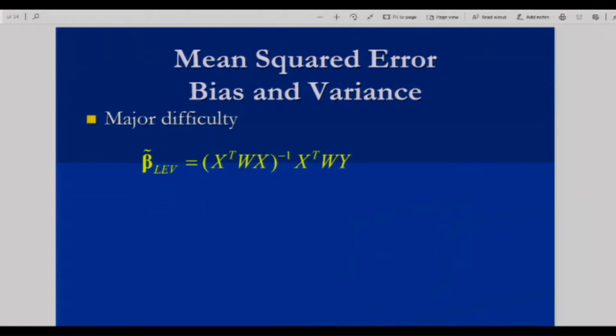This leveraging estimate can be written in this format, where essentially there is a weight matrix W here. But this weight matrix is random because we are sampling, and the leveraging estimate depends on it through a nonlinear function. This makes the analysis really difficult to work with.